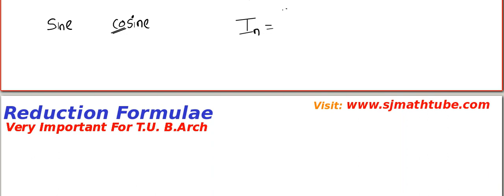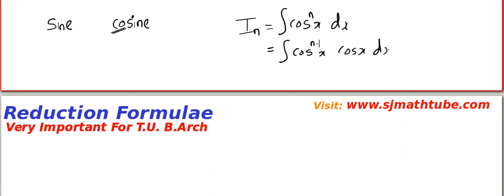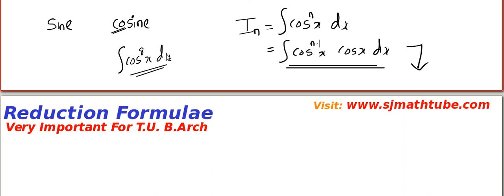Find a reduction formula for cos to the power n x dx. And I hope you remember the first step. You have to do n minus 1 x into cos x dx. That's it. You can comment in the comment section whether you got the answer or not. And you can even try evaluating cos to the power 8x dx. By the way, the ultimate integral for this will be I0.